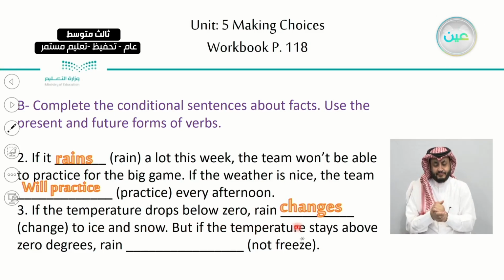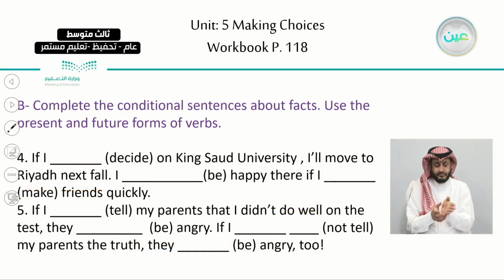But if the temperature stays above 0 degrees, rain, here we will use the present because it's a fact. So we say with rain, we use does not freeze, doesn't freeze, because we have rain here. Number 4, if I decide, excellent, on King Saud University, I'll move to Riyadh next fall.